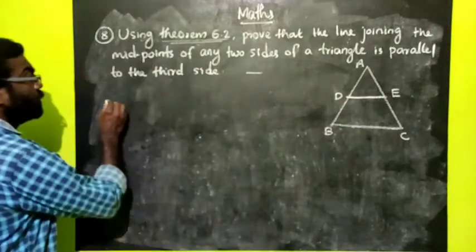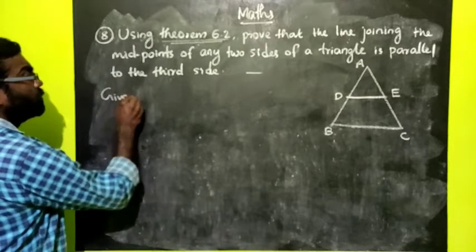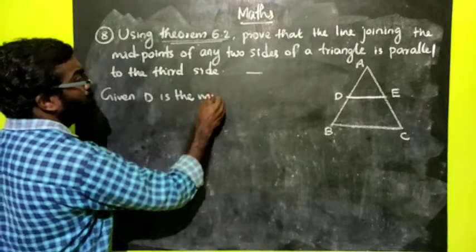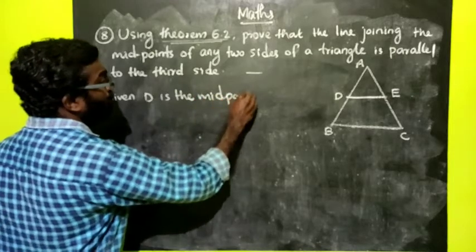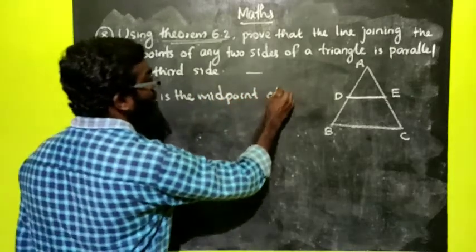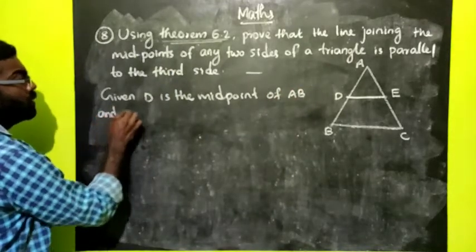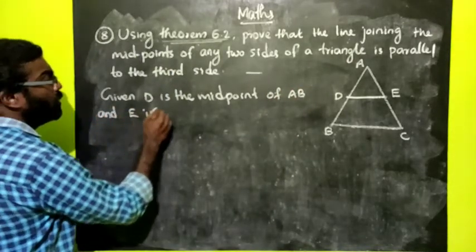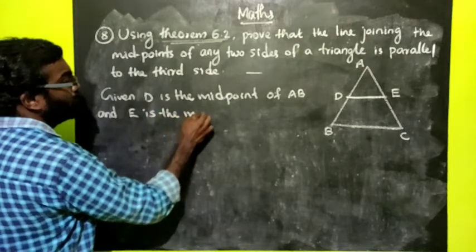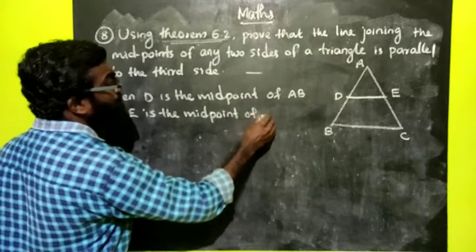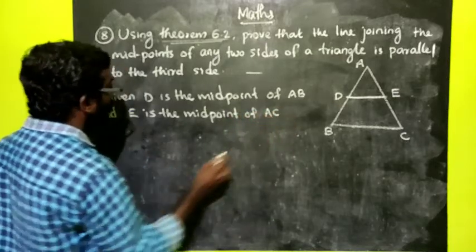So given, D is the midpoint of AB and E is the midpoint of AC.